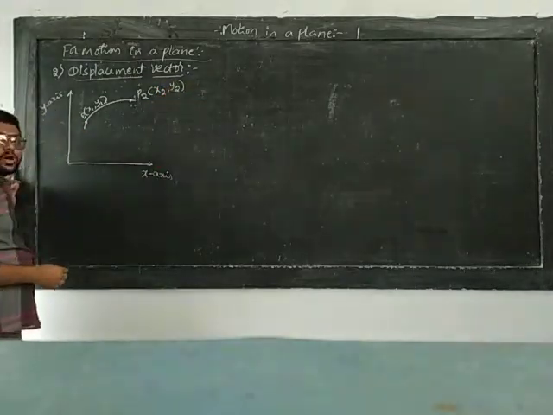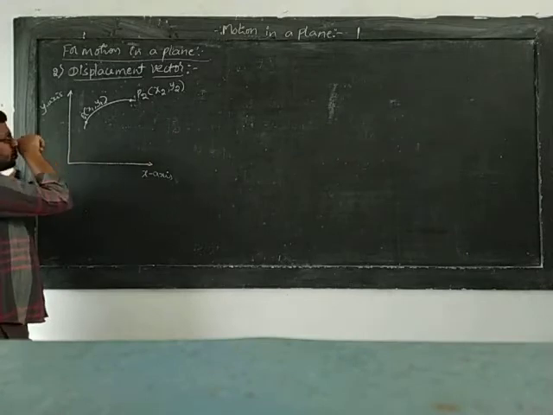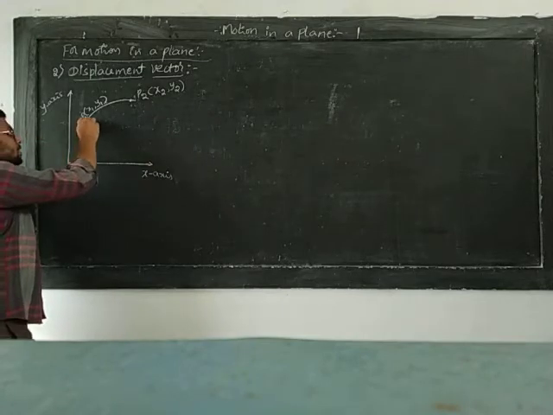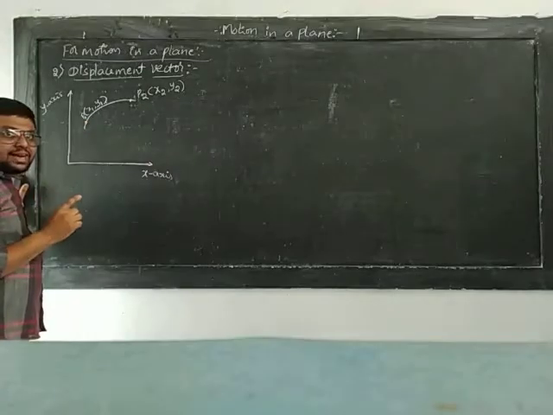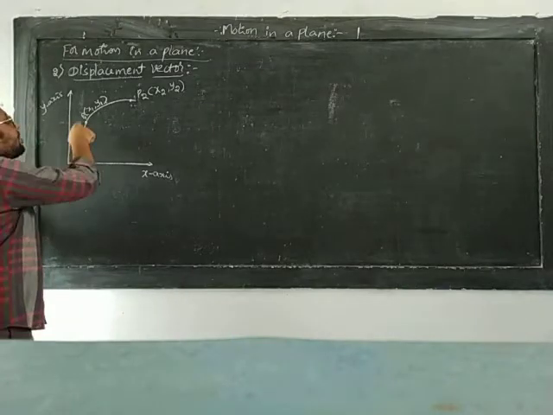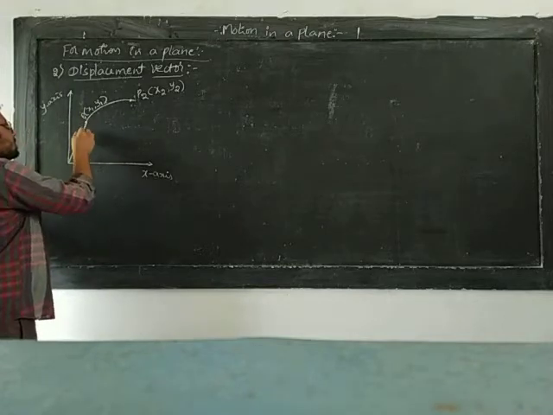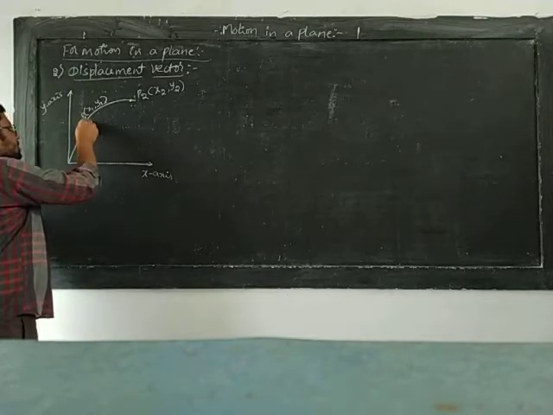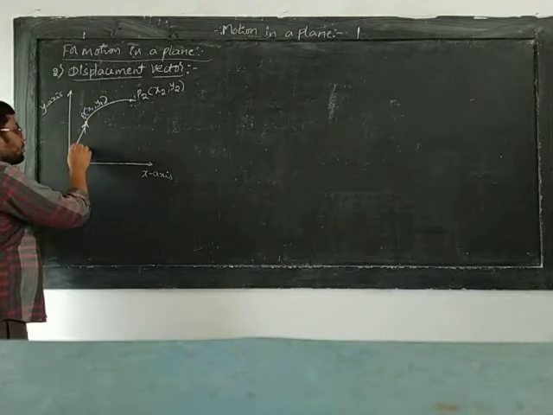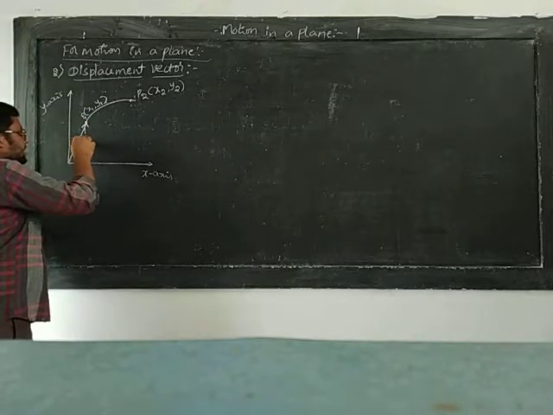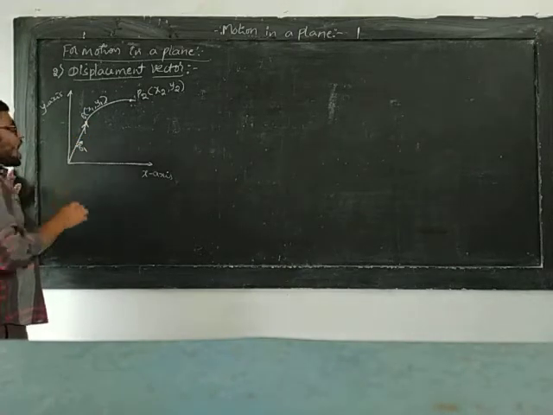Now, as you can look here, the position vector of the particle when it is at P1, I'll write it as vector R1, position vector R1.